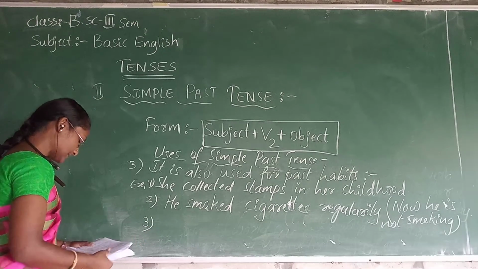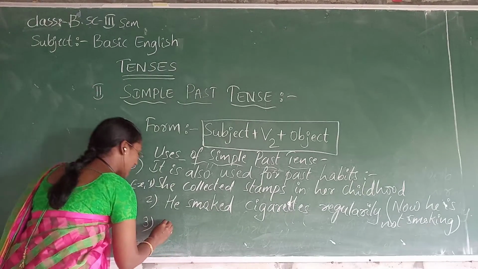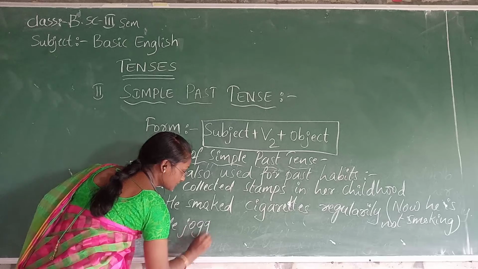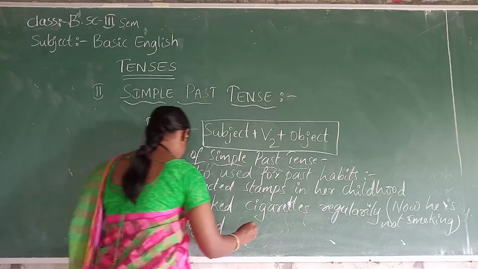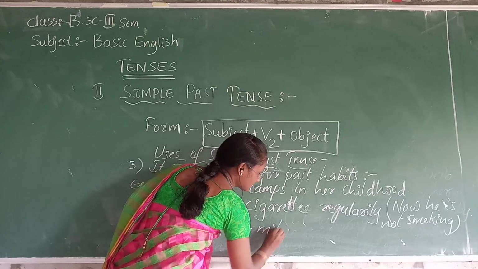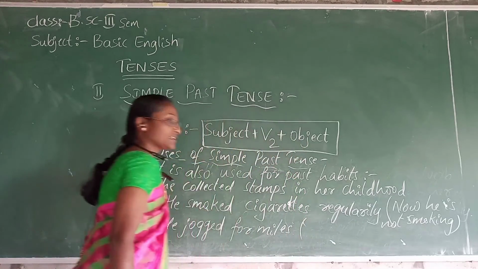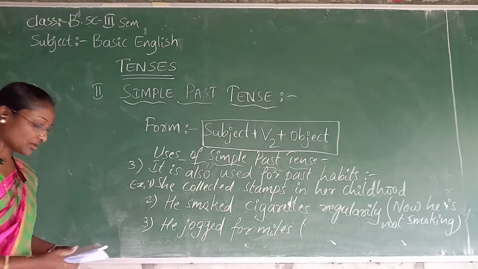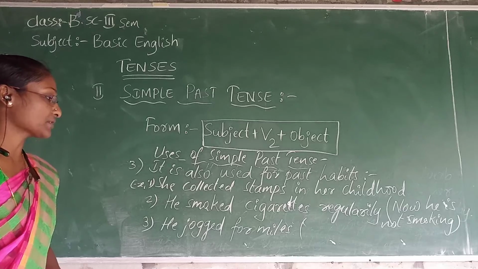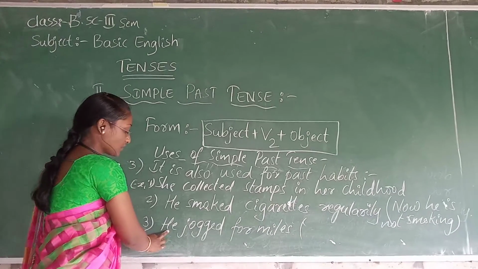Third example: he jogged for miles. It means now he doesn't go for a walk or jogging.